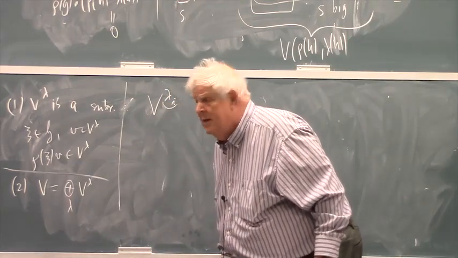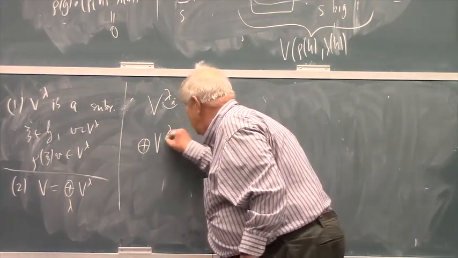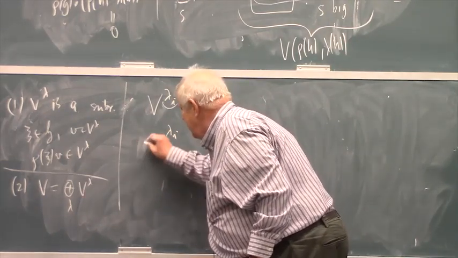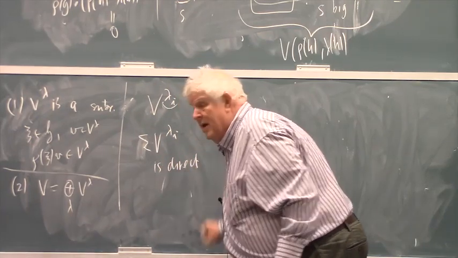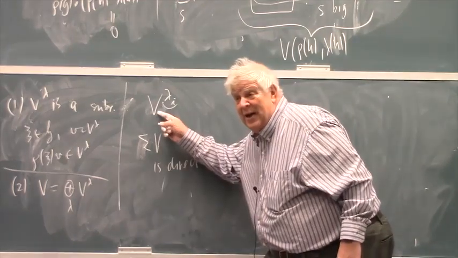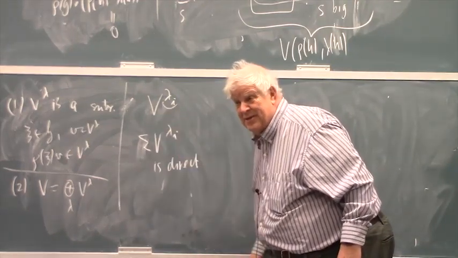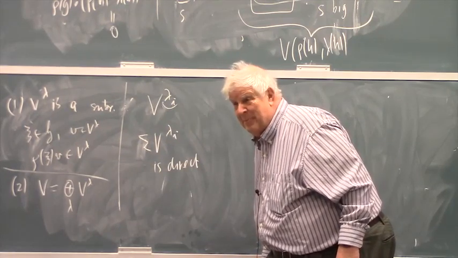First of all, I want to say that the sum of V is direct. Which means, as you understand from linear algebra, that if we take one element from each of these spaces, and these elements happen to be linearly dependent, all of them are 0.